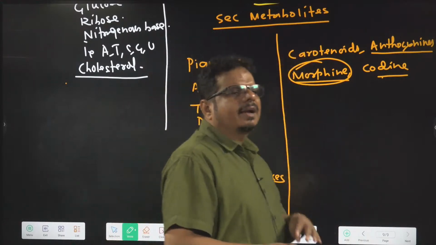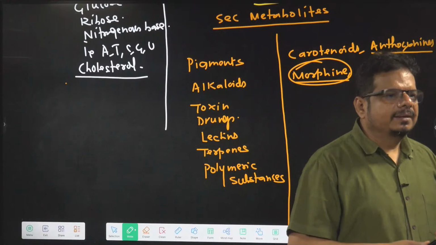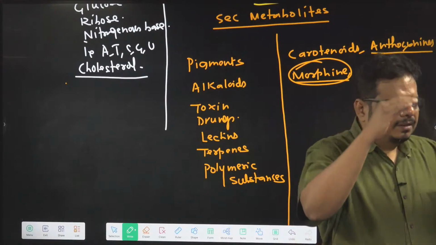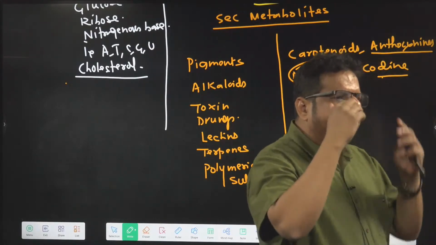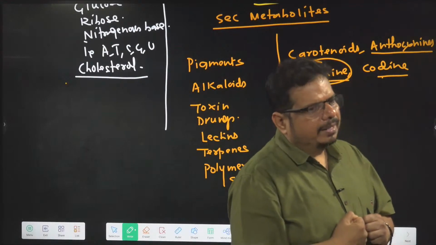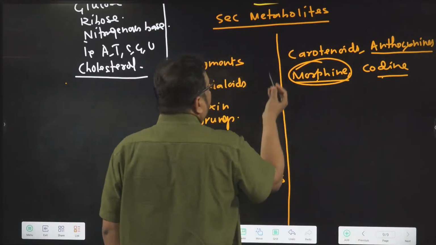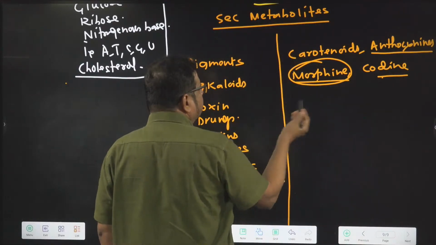Codeine is present in cough syrup. When you consume cough syrup, it creates drowsiness, right? You just sleep. Got the idea? So these are some of the secondary metabolite functions.